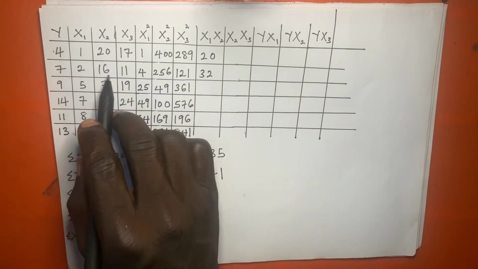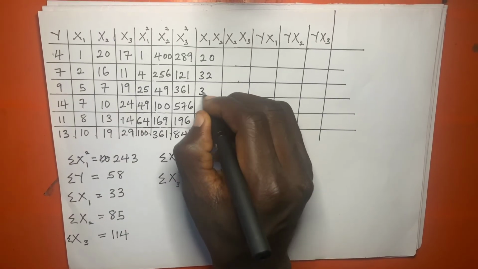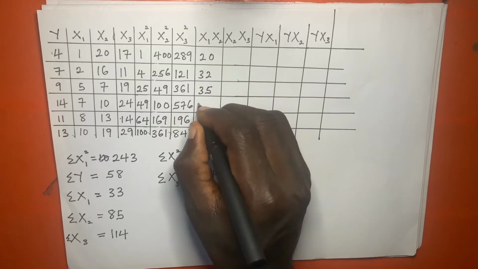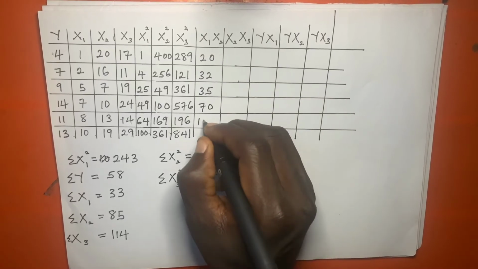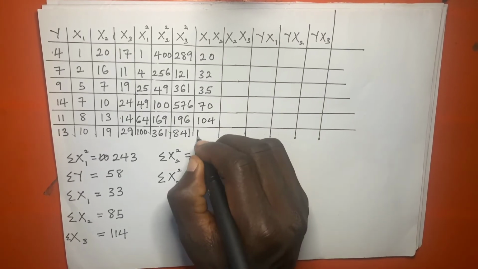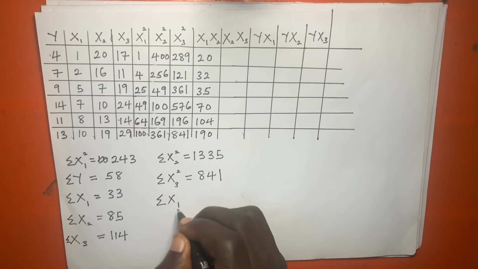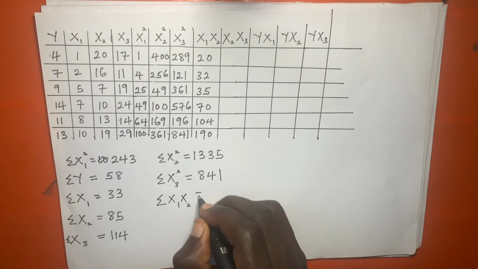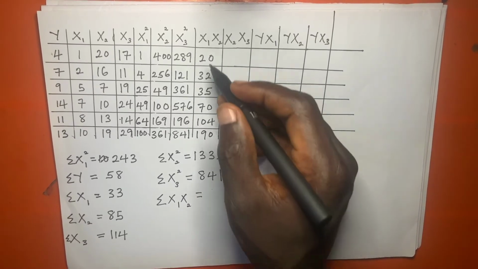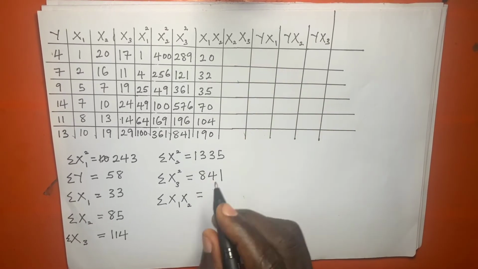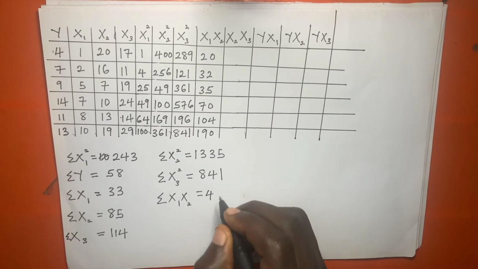That is 2 times 16. The next one gives us 35, 70, 104, 190. So summation x1, x2 will definitely give us, if we sum up all of these, 451.